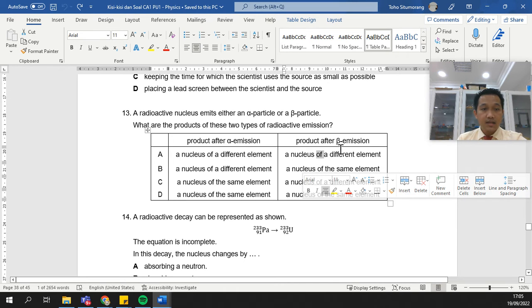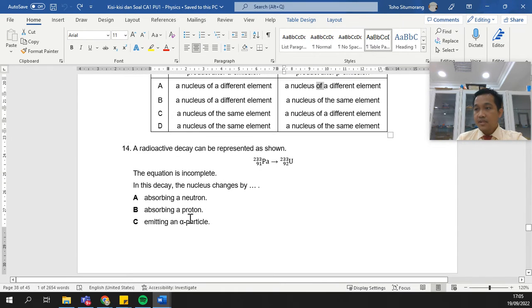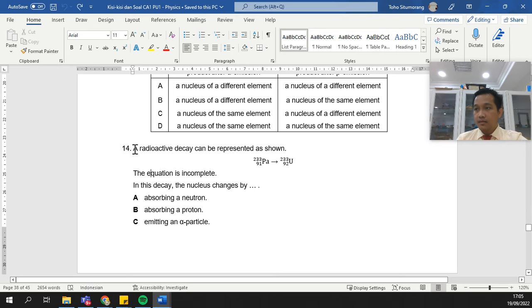So 13A. In here, in question 14, this is very clear. In this decay, we can see that the top number, the amount of particles inside the nucleus, is the same, but the proton number is different.